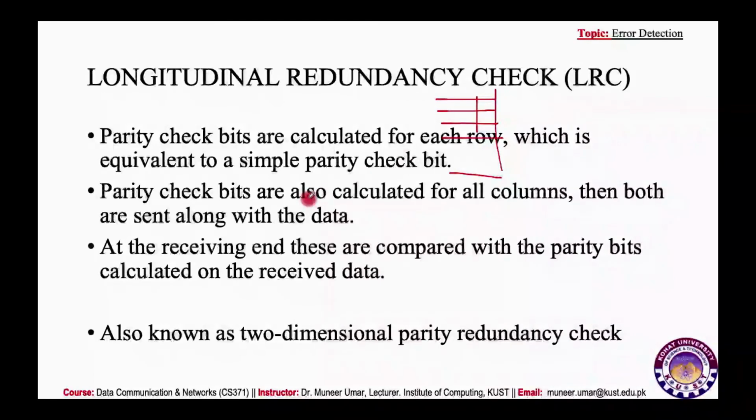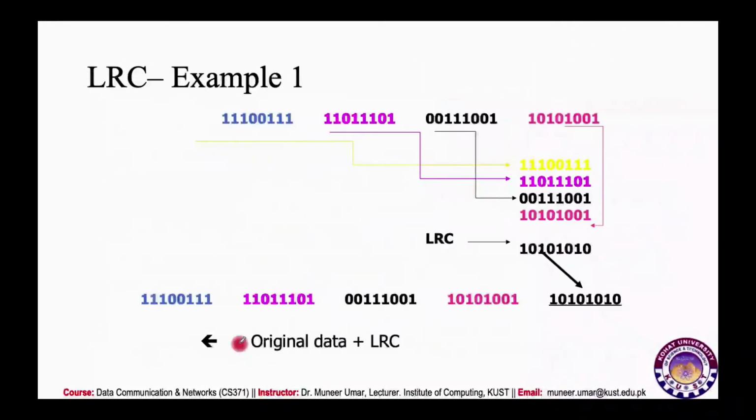Parity check bits are also calculated for all columns. Then both are sent along with the data. At the receiving end, these are compared with the parity bits calculated on the received data, and the result is concluded. This one is also known as two-dimensional parity redundancy check.